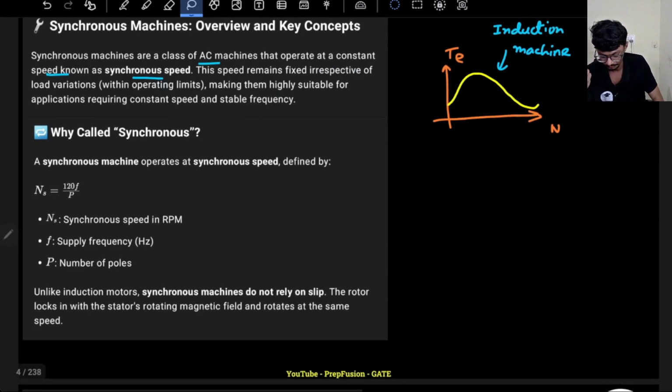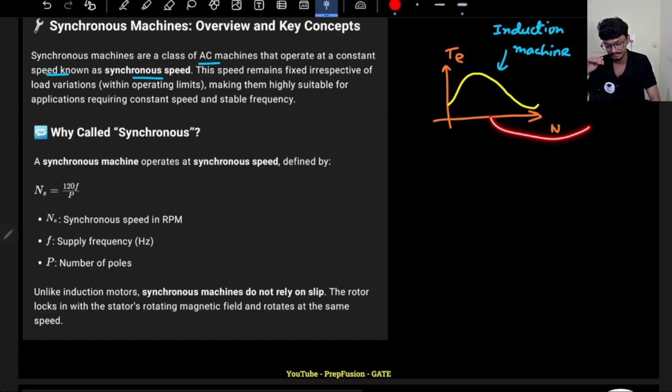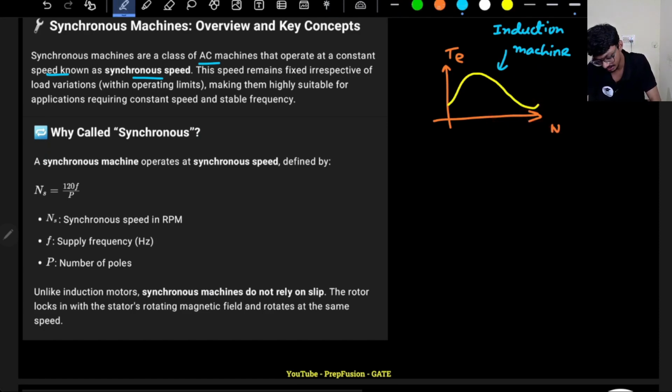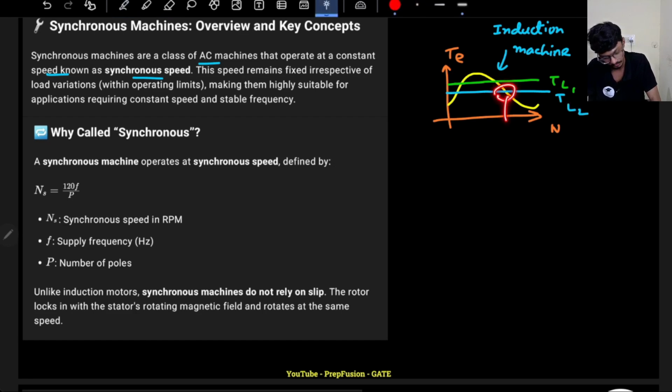If the load changes, then the speed changes, right? Say this was the load torque TL1, then this will be the stability point. How to find the stability point, I've already explained. Now if I reduce the load torque, then the speed will increase, so this will be the new stable point, right?